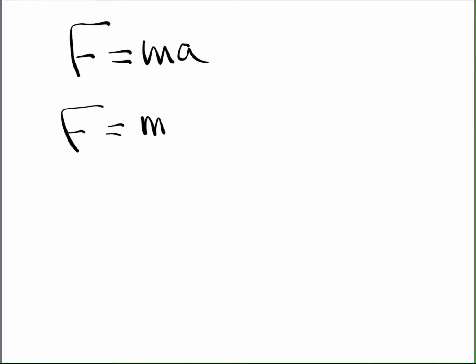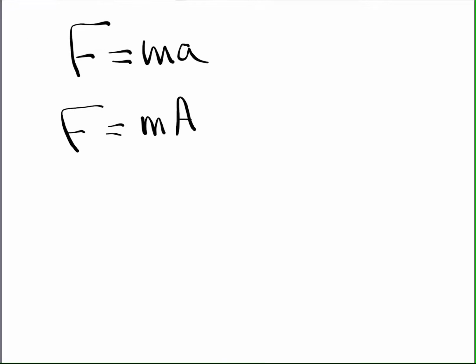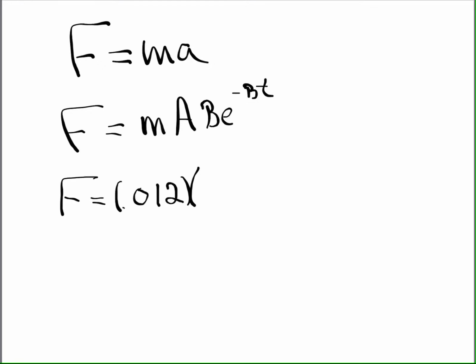Now, remembering back to having to do F equals ma, we have F equals m a b e to the negative bt. And now if we put our numbers in here, you have to go all the way back to the very beginning. The mass was 12 grams, so that's 0.012 kilograms.